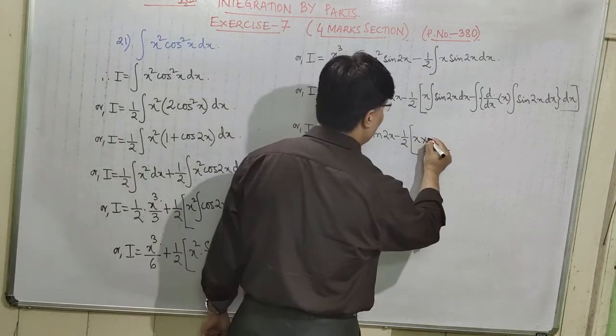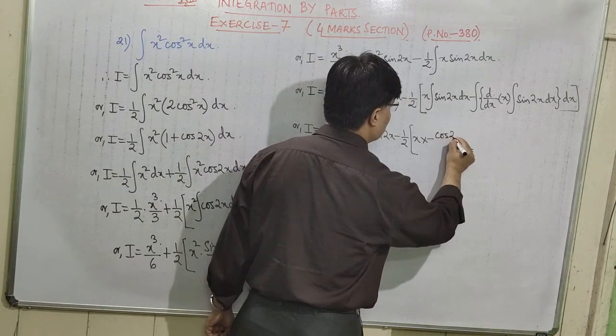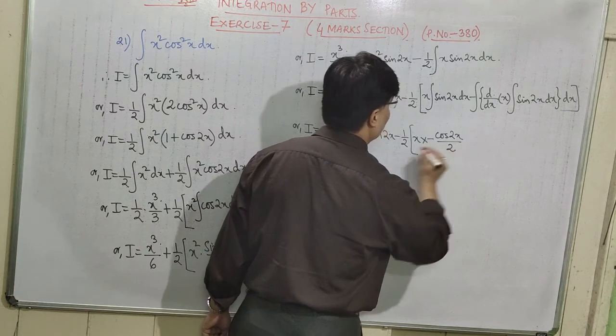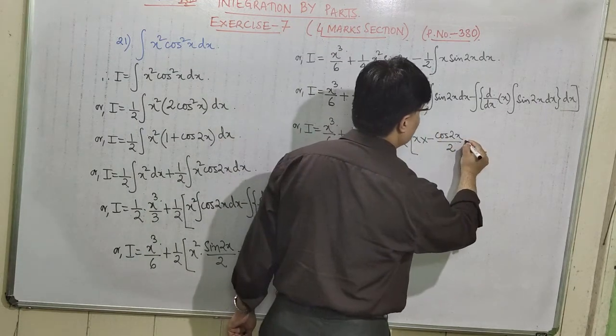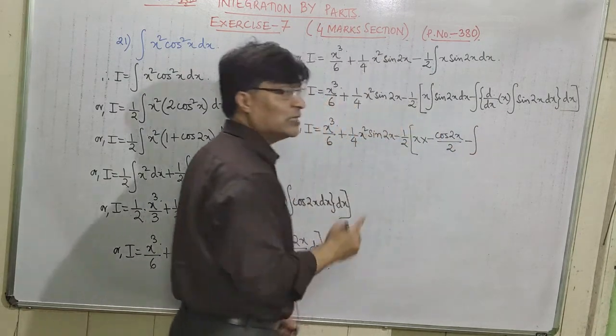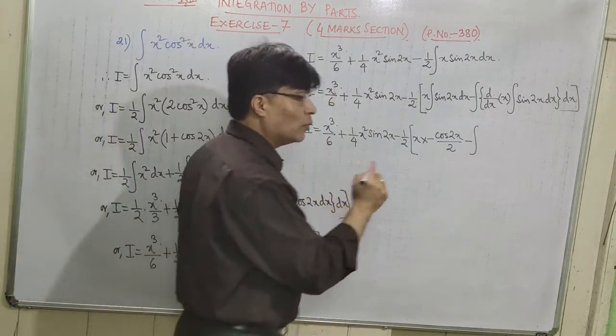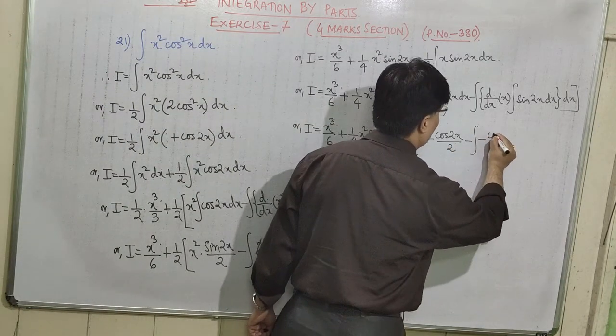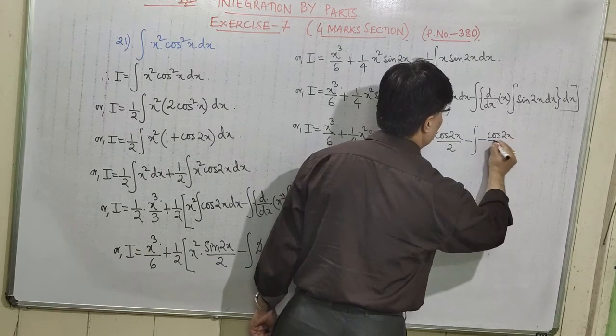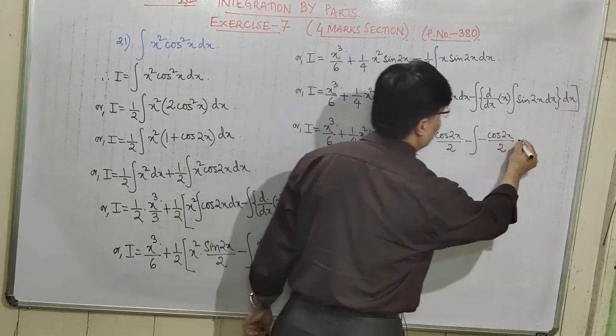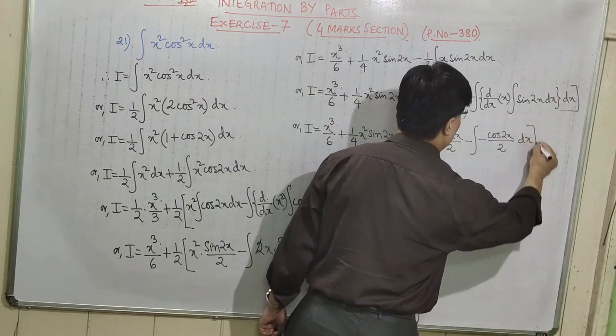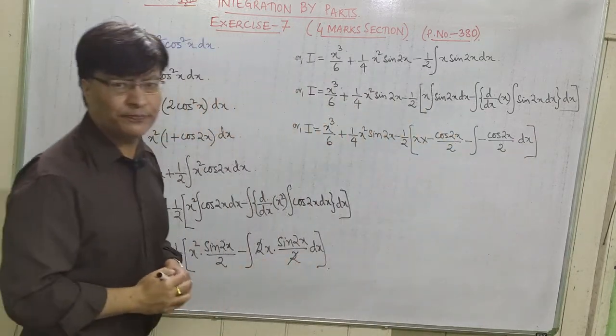Minus cos 2x divided by 2. Then minus integration of, what is d by dx of x? That is 1. What is integration of sine 2x? Minus cos 2x upon 2. Then dx. Here the third bracket is closed.